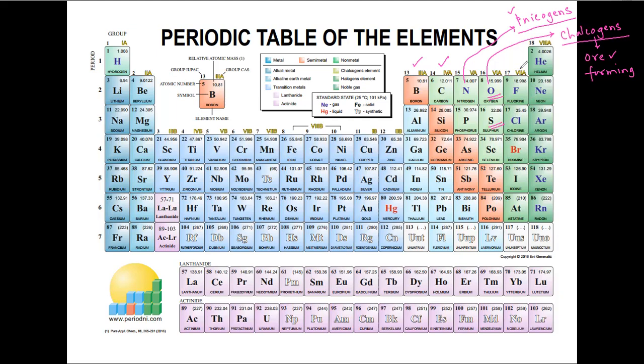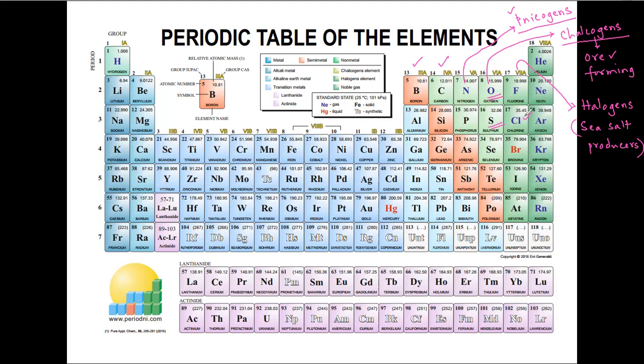Coming to the 7th A group elements, look at this. These are called halogens. Halogens are nothing but sea salt producers. If you can remember, sodium chloride, it's a sea salt, also known as rock salt.